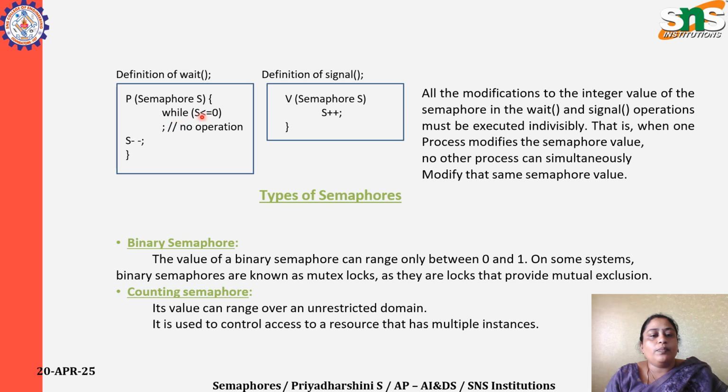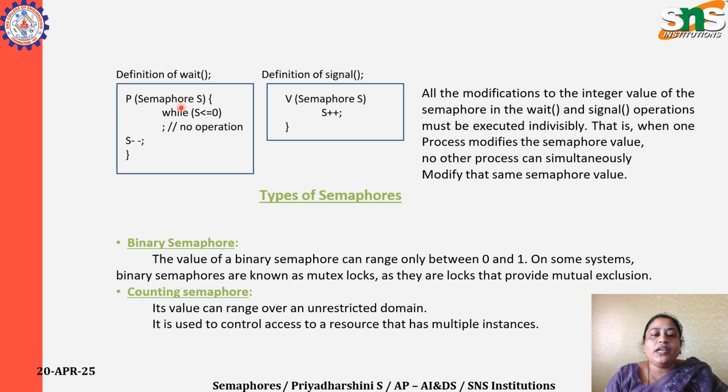So when the while loop is true, the operation will be looping over here for an indefinite amount of time until the while loop is false. It will be looping over here itself while S is less than or equal to 0. So if S is not positive, the process will not enter into the critical section part of the operation.